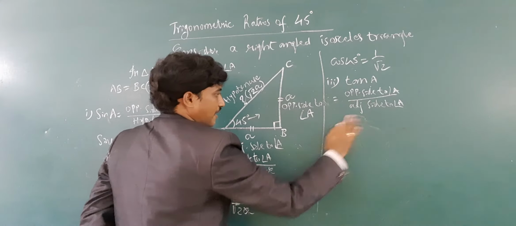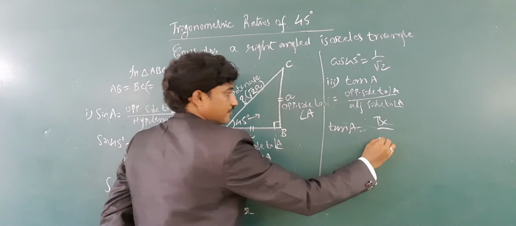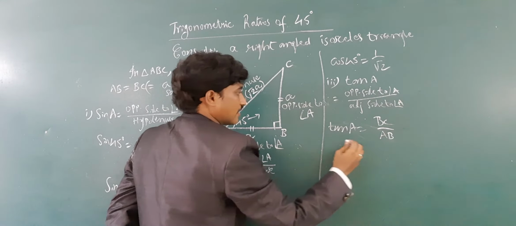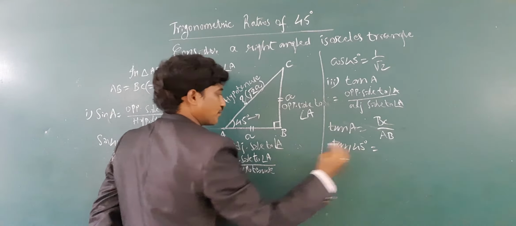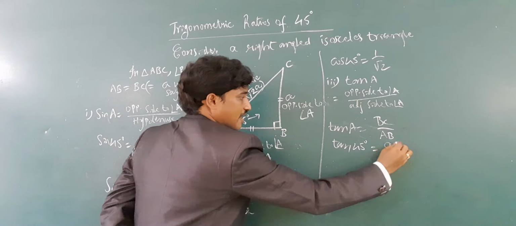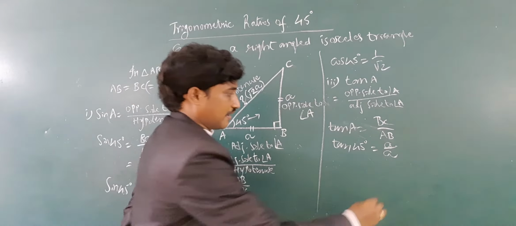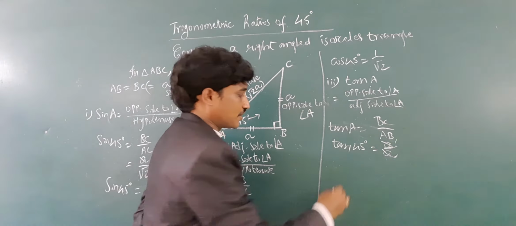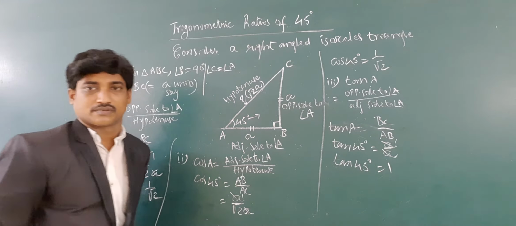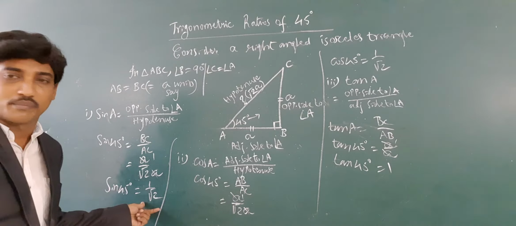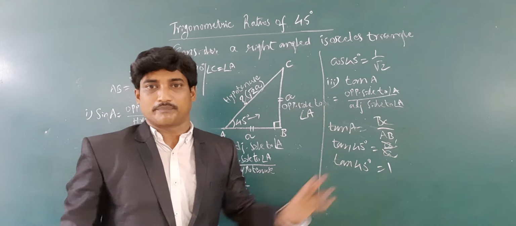Here tan A is equal to BC by AB, with A being 45 degrees. BC length is A units and AB length is also A units. A gets cancelled, so tan 45 degrees value is 1. So sin 45 degrees is 1 by root 2, cos 45 degrees is 1 by root 2, and tan 45 degrees is 1.